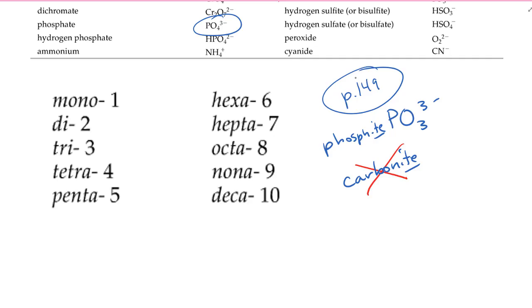I would suspect that you've heard of pretty much all of these before, with the possible exception of tetra, unless of course you remember what you learned back in high school, probably in geometry.